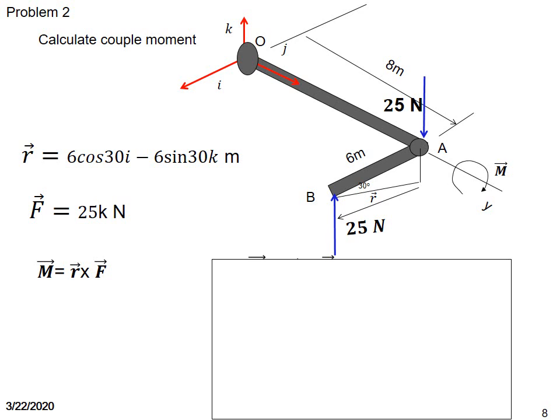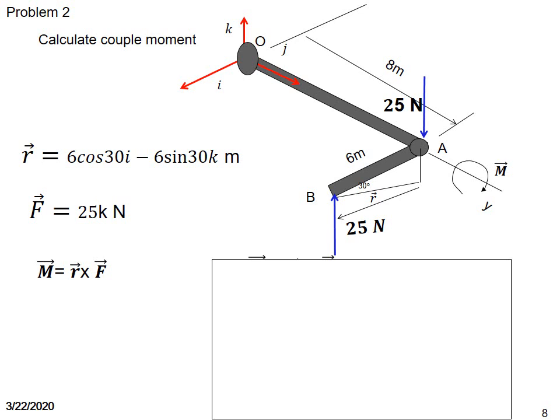Now we assume the force as 25 Newton, acting at B, as 25K Newton. It is in the K direction. So with respect to A, for the point B, we need to find the position vector RAB.